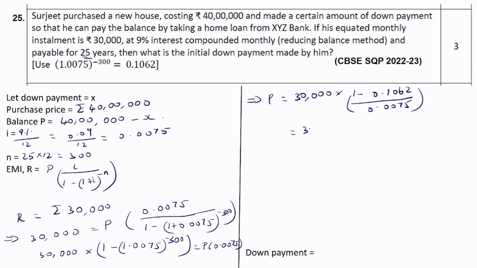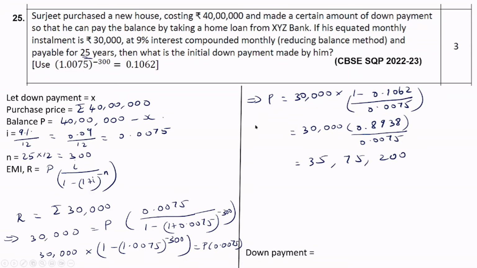So this is equal to 30,000 into 1 minus 0.1062, it is 0.8938 upon 0.0075. Now this, when we simplify, we get it as 35,75,200.